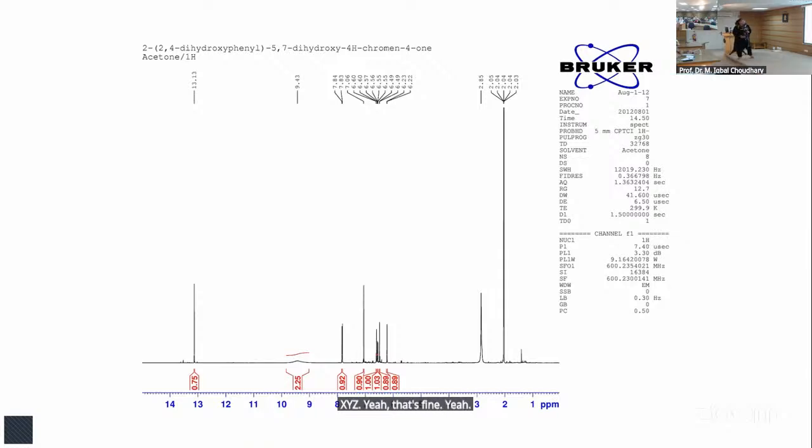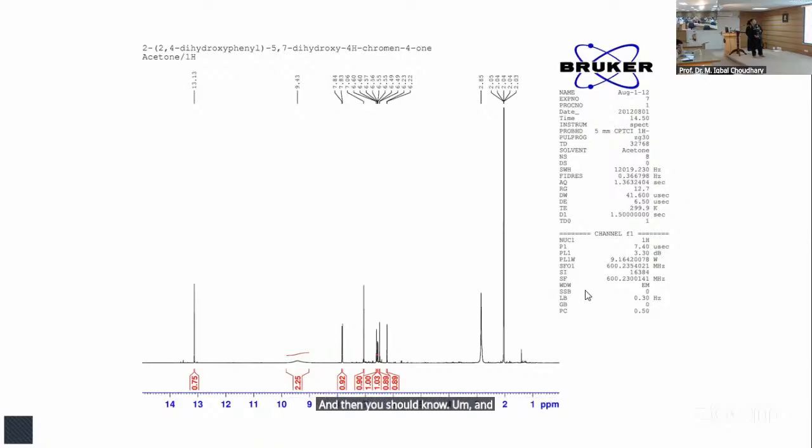Okay. And then PL1 is the power that is being used to bring the magnetization vector from the z-axis to the xy plane. PL1 is in dB, and PLW, PL1W, is the same power in watts. Okay, these are the important things that you should know.